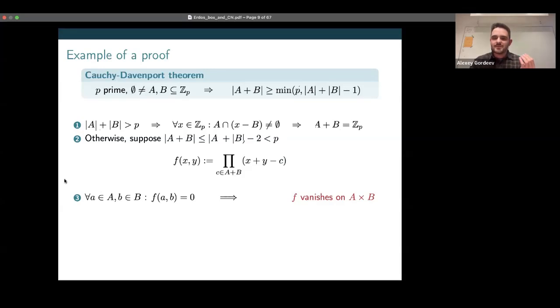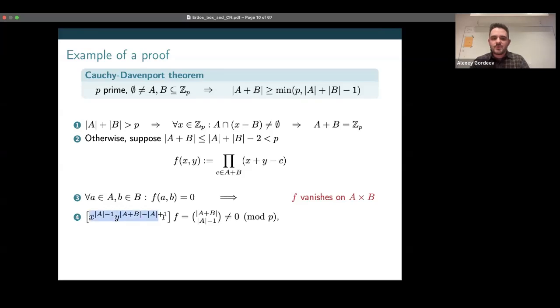But now we can say that, in fact, by the combinatorial Nullstellensatz, it cannot vanish on this product set. Why is that so? Because let us look at this particular monomial in this polynomial. Suppose we want to see the coefficient of the monomial which has X with degree size of A minus 1 and Y with this expression, which is just the degree of F minus the degree of X in this monomial, right?